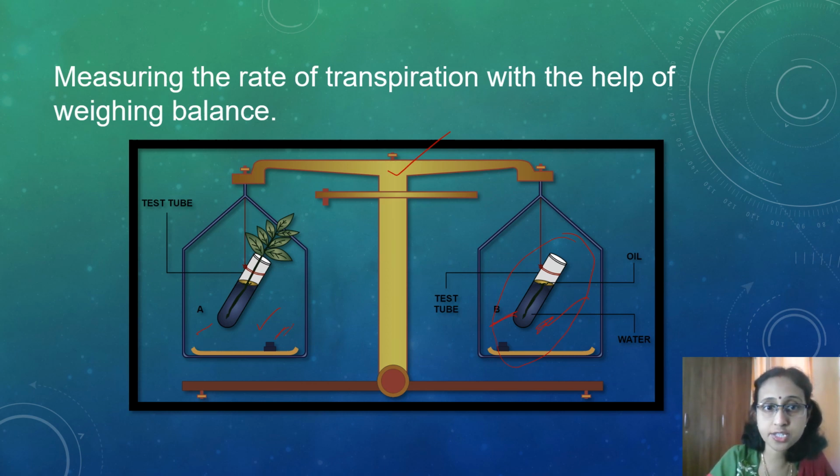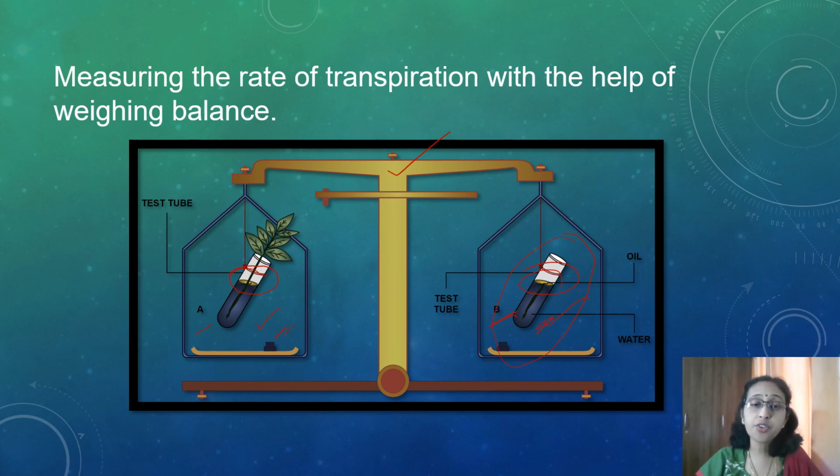In this test tube, we have put oil on the surface of the water. Why? Because we want to prevent the loss of water from the surface of the water, because that is evaporation, not transpiration. We explained the difference between evaporation and transpiration in the previous episode. If you have not yet gone through that episode, I am putting the link above. We have already discussed what transpiration is, what evaporation is, and the main differences between them.